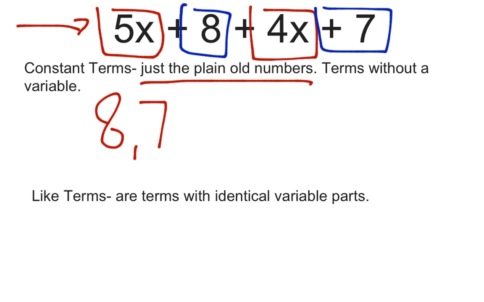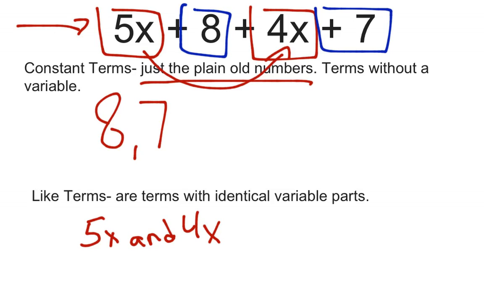Humans match with humans, dogs match with dogs, cats match with cats. Same thing here. I want to match the things that have x's, like 5x matches with 4x. Those are kind of the same thing. They match up together. So those are what we call like terms. They are terms that go together.